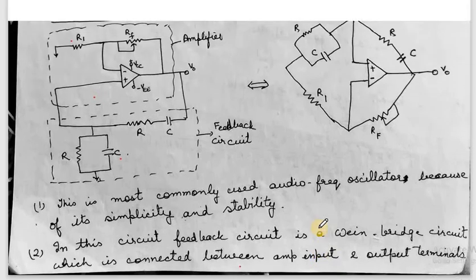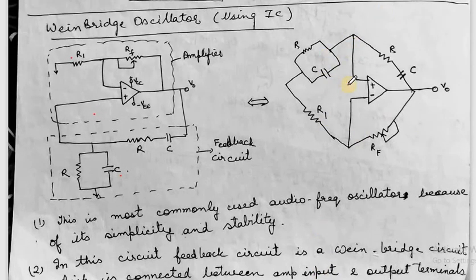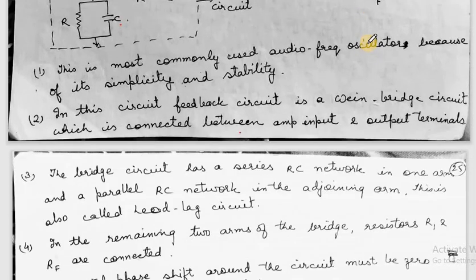So in one arm there is an RC circuit in series, and the parallel combination of R and C is in the adjoining arm. This is also called the lead lag circuit that we have already named.